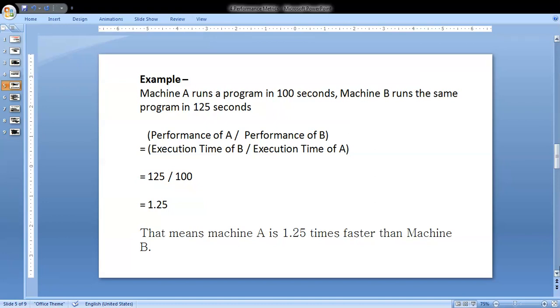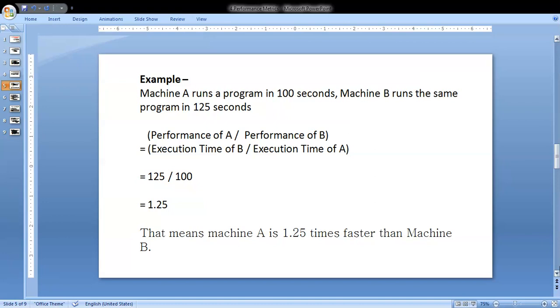The performance ratio is nothing but the calculation of how fast the computer works compared with another computer. For example, A and B are the computers we have taken. We have to find out which one has the faster performance.